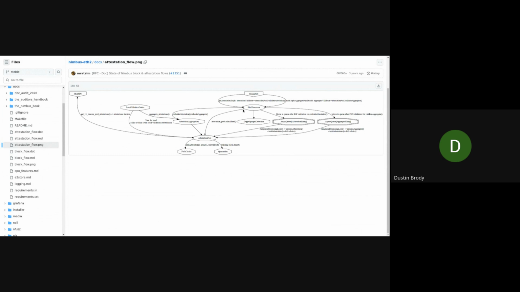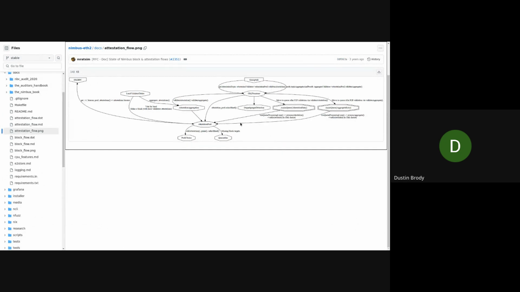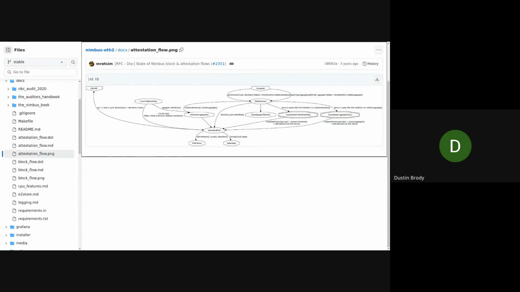I don't know how readable this is, but anyway, people can see where in the repo it is. They can see the text that they want later.